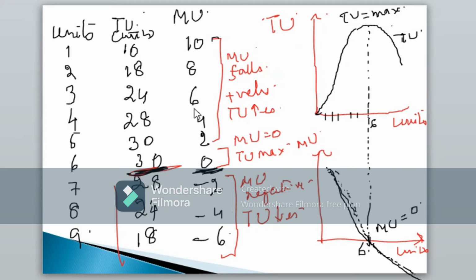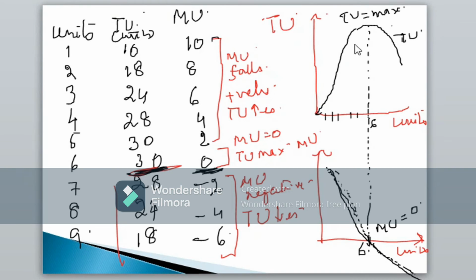Number 2, when marginal utility is 0, total utility is maximum and constant. Look, at marginal utility 0, total utility is maximum and constant.